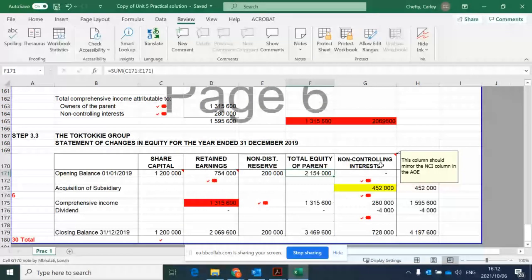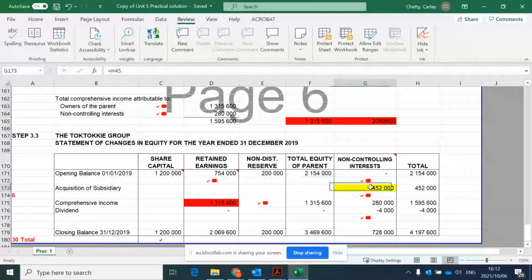Now the non-controlling interest, so on the 1st of January 2019, there wasn't any non-controlling interest because the acquisition happened during the year. So even though the acquisition happened on the 1st of January 2019, this opening balance would be 1 minute past midnight on the 1st of January, whereas the acquisition could have happened during the day. So that acquisition of the subsidiary happened during the current year.